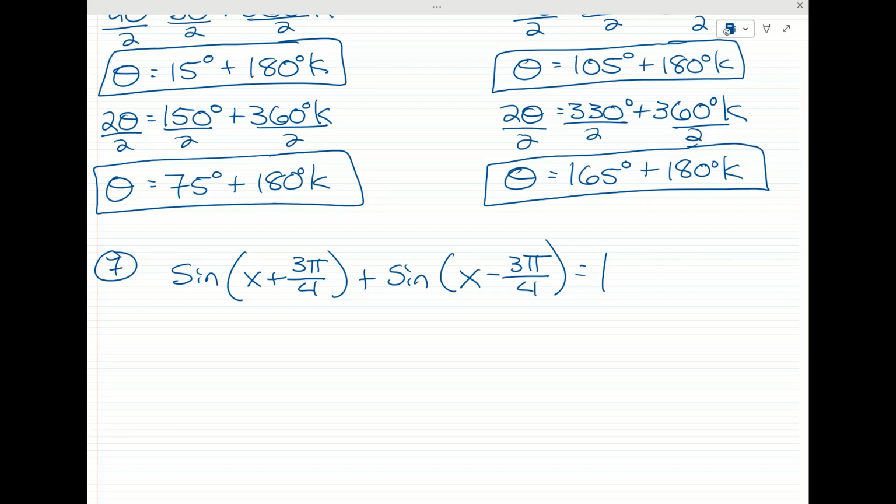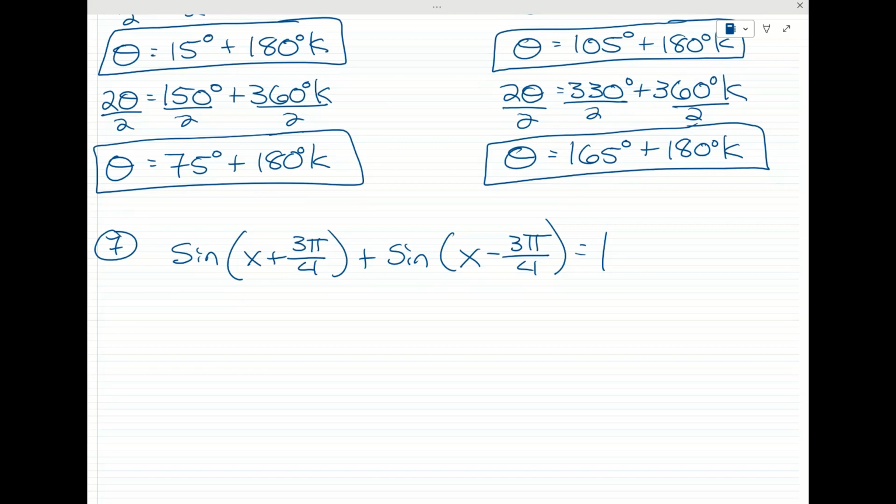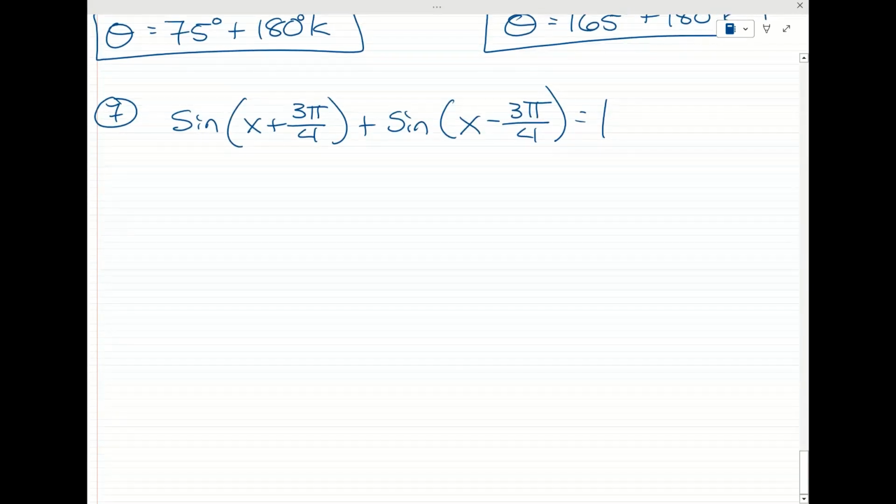Which looks a lot like the sum and difference identities. So you're given these formulas, and you just have to be careful when you go to do this. For sine, the formula is we do the sine of the first times the cosine of the second. 3 pi over 4, 45 times 3 is 135.